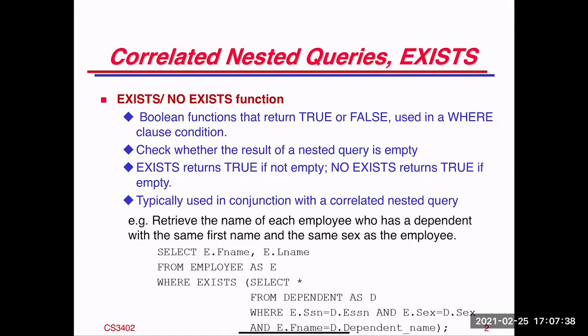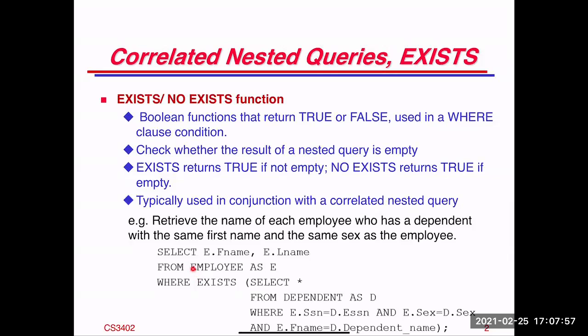And then in my where clause, I'm just having this exists function. I'm applying the exists function to this nested query here. And what do I get as the result?